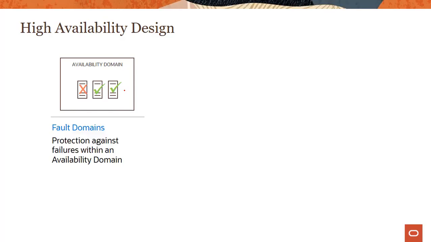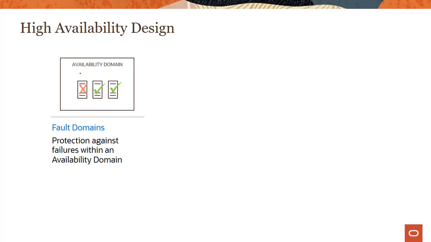All right, so just to recap what we just went over, now let's go from the opposite direction when we looked at the region, availability domains, and fault domains a few slides back. So in this one, first start with fault domains. What are fault domains? Recap, they protect against failures within an availability domain.